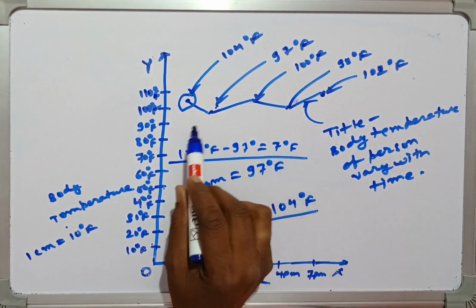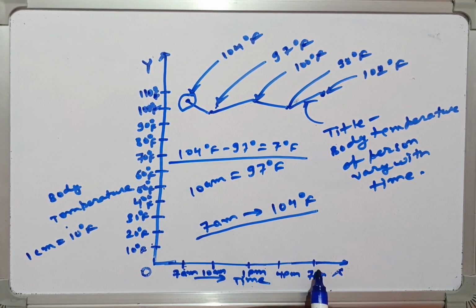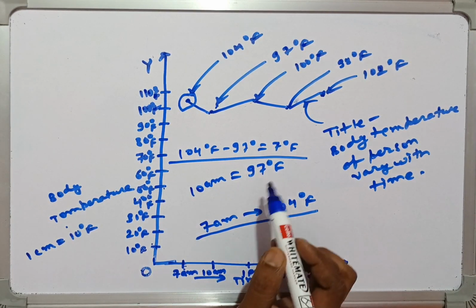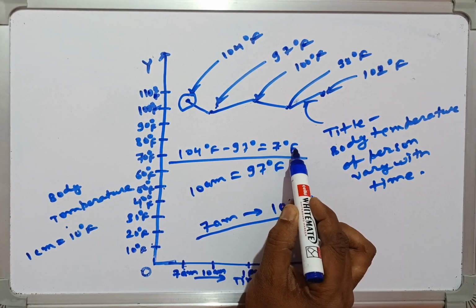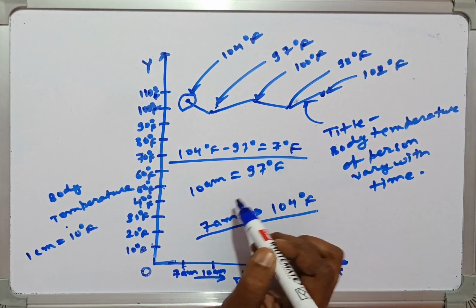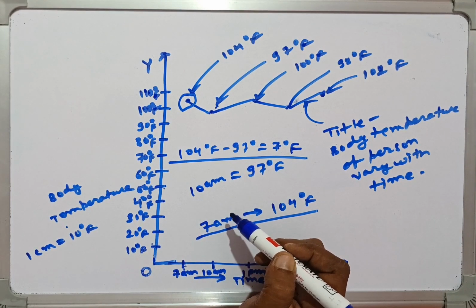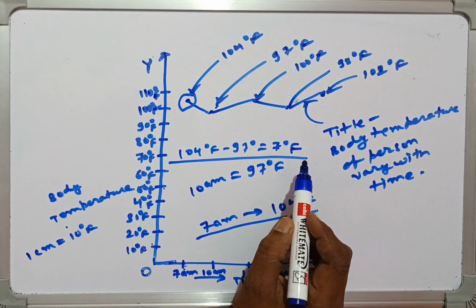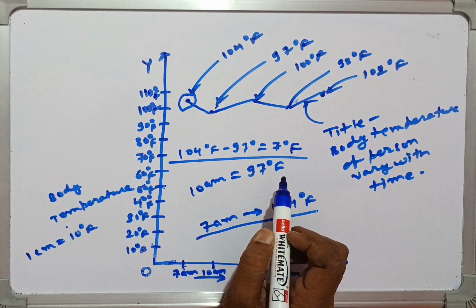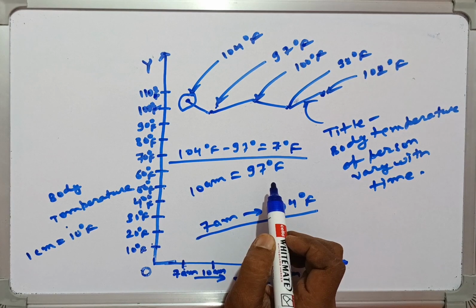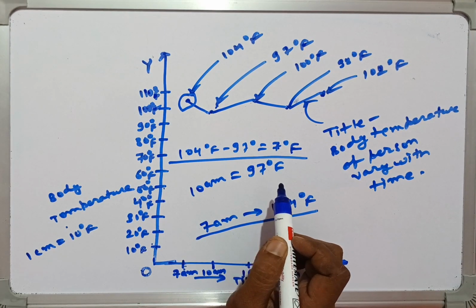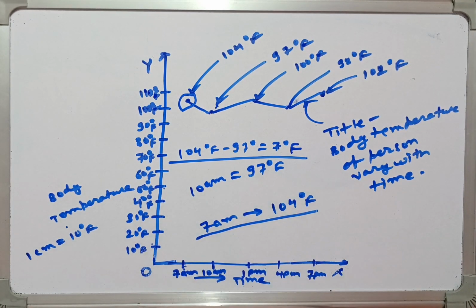By this graph, from 7 am to 7 pm his temperature is varying in a range of 7 degree Fahrenheit. Notice I am using the word Fahrenheit because body temperature is measured in Fahrenheit. So guys, this is all about line graph.